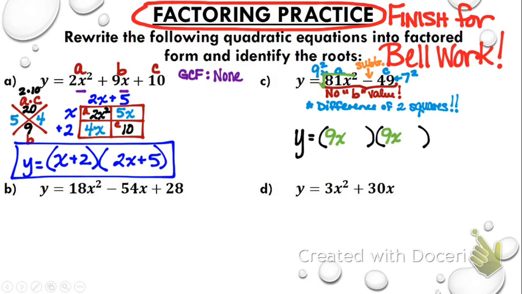What times itself would give me 49 again? 7, but we have a negative 49. Negative 7 and positive 7. The only difference between these 2 factors is that one has a minus in it and the other has a plus, so that we can get that subtraction at the end.